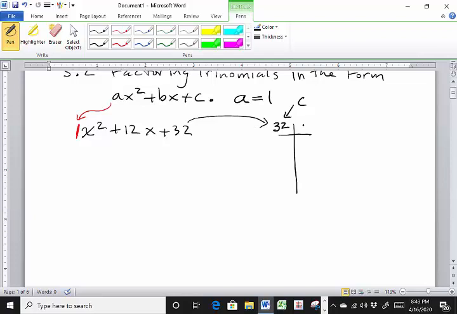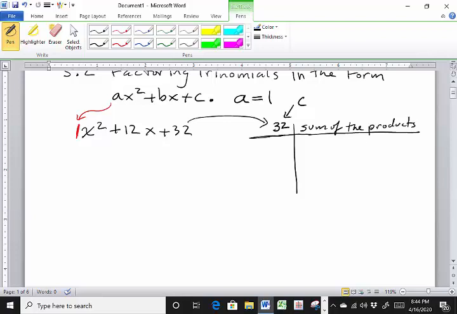And then you're going to put the sum of the products. Okay, you may not know what that means yet, but what we're going to do is under this column of 32, you're going to put all of the products of 32 and then write down the sum of those products.